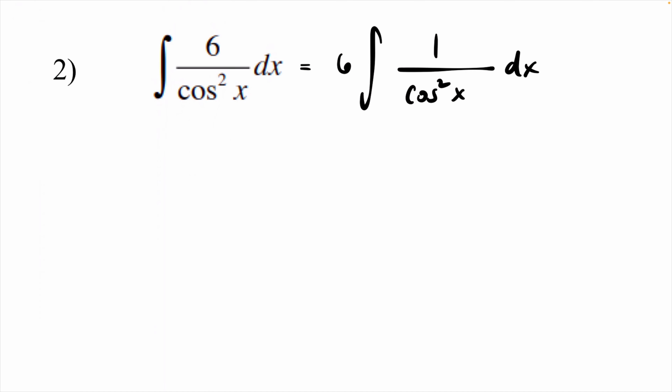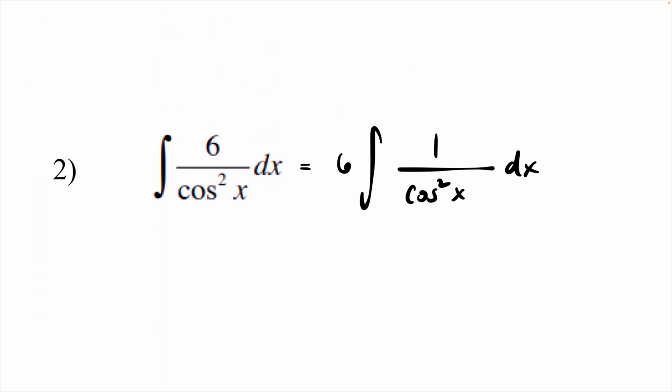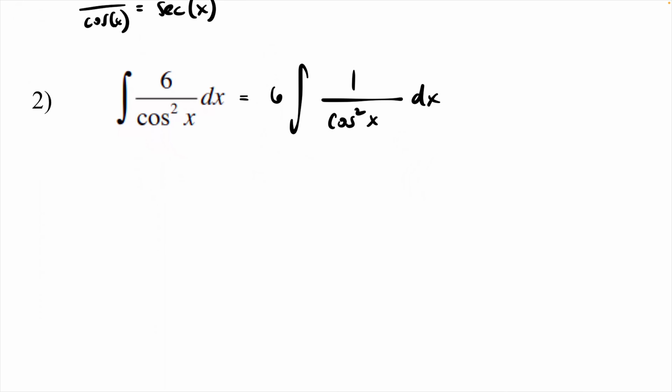It's secant. 1 over cosine is actually secant. Well, 1 over cosine squared would be secant squared.